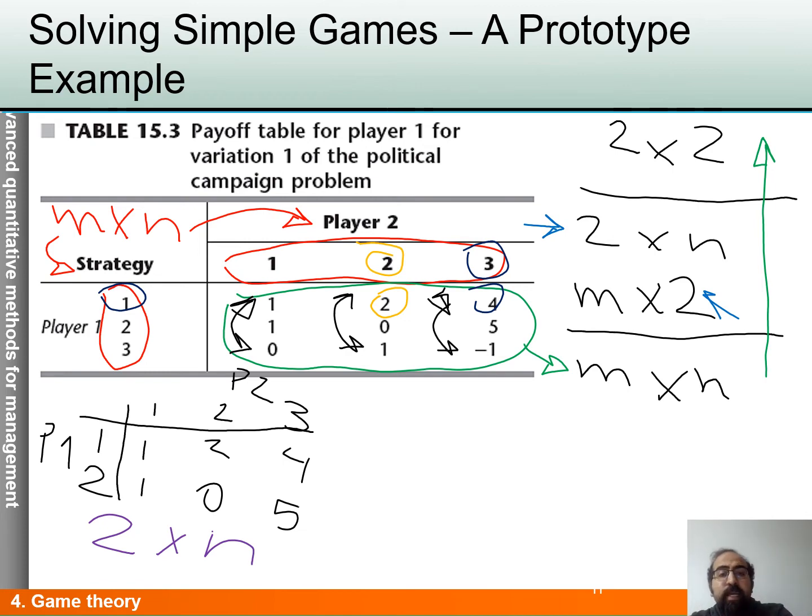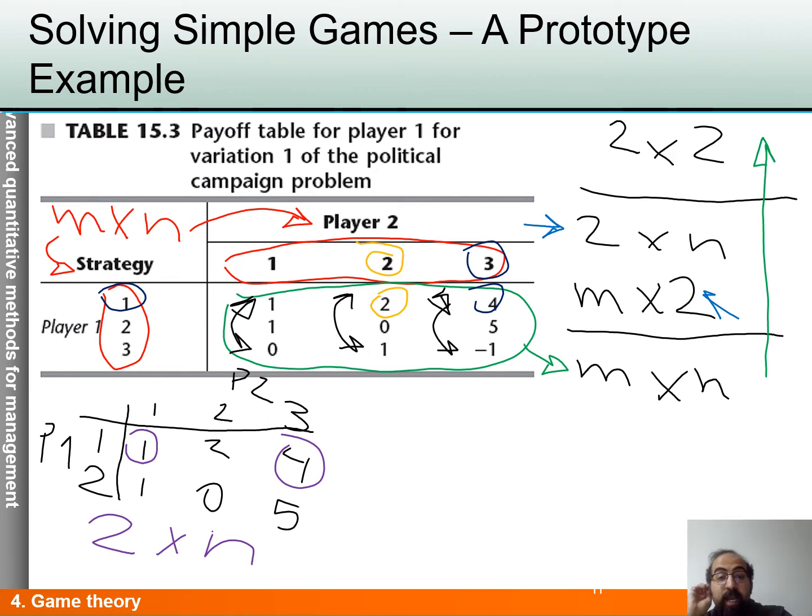So strategy 1, the value 1, while player 1 selects strategy 1, means that player 2 only loses 1 unit, but by selecting strategy 4, it loses 4 units. I'm talking about these two elements. So which one is better? Strategy 1, because it only loses 1 unit in comparison with 4 units.